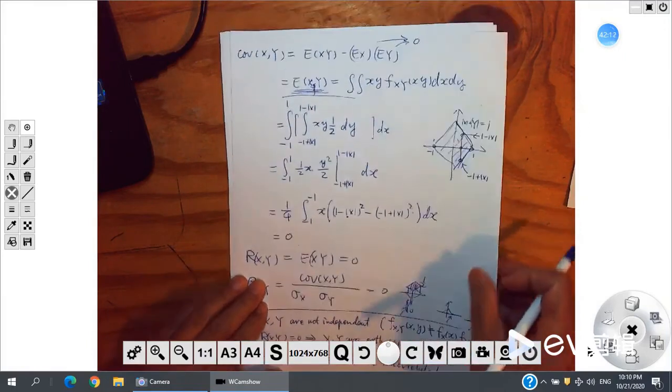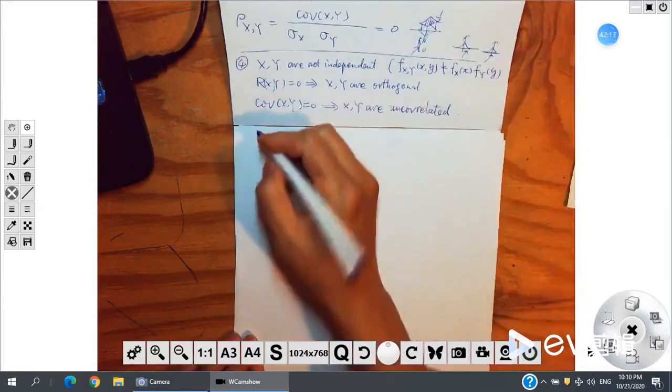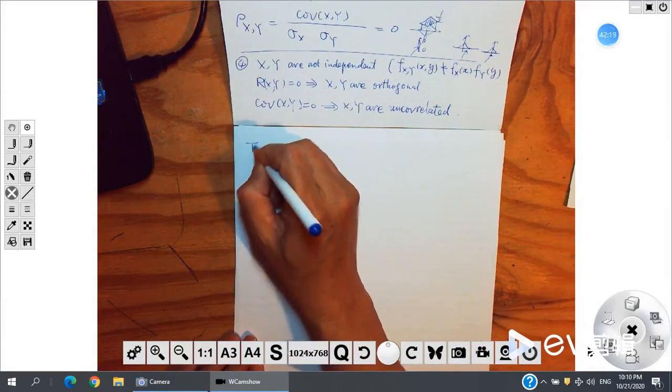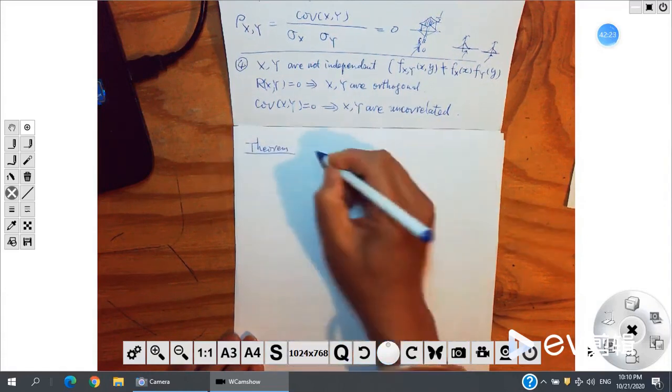Actually, this is a kind of example. Generally we have a kind of theorem.